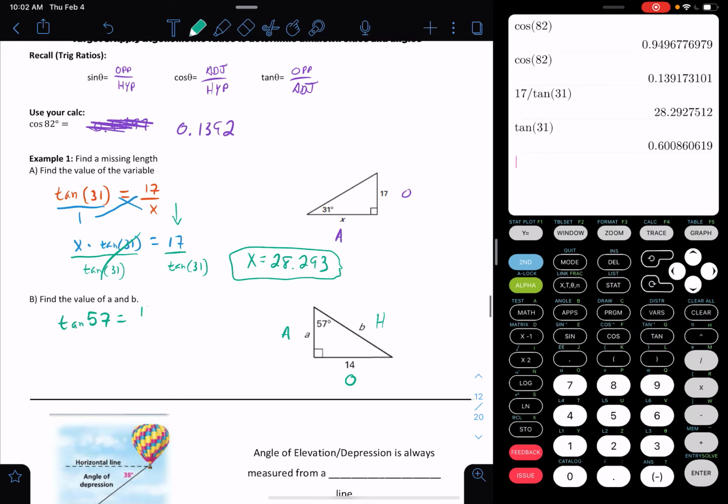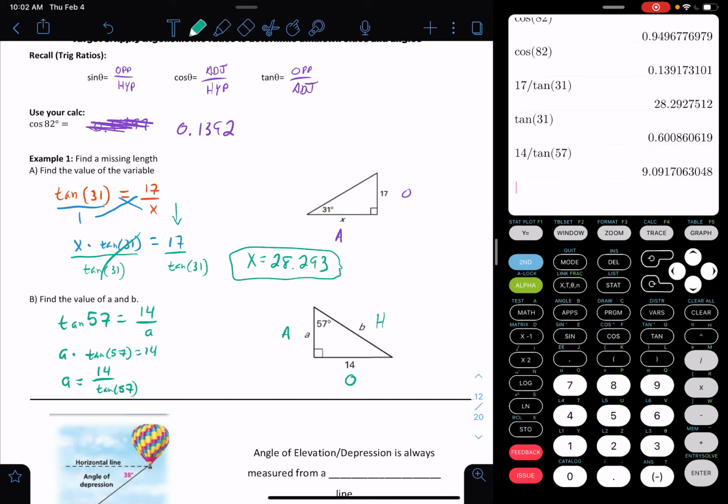Tangent of 57 equals 14 over A. So if I cross multiply, I get A times tangent of 57 equals 14. So A equals 14 divided by tangent of 57. So then if I plug that into my calculator, 14 divided by tangent 57, I'll get that A equals 9.092.